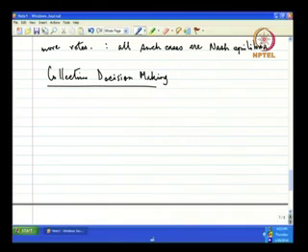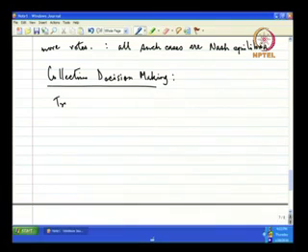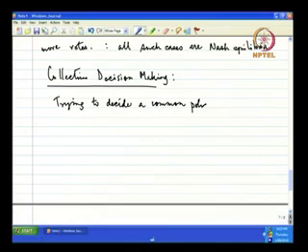is something which we seek to discuss today. And here it is not that people are voting for candidates, people are trying to decide on a common policy.